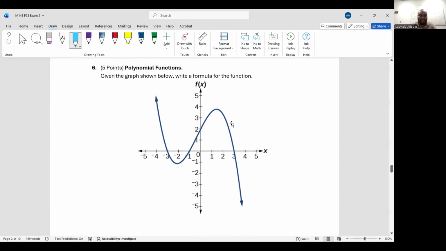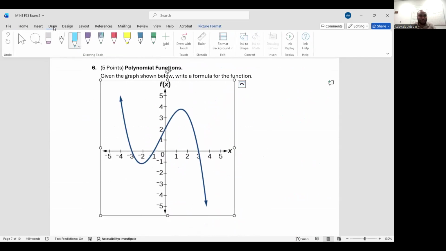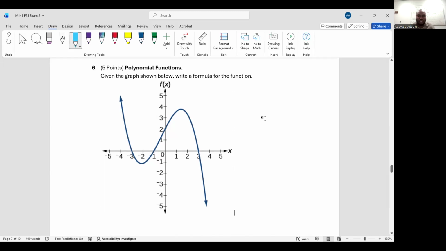Here, I ask you to write a formula. Given the graph shown below, write a formula for the function. Well, many of you know that we have x-intercepts all through there, meaning I know the zeros.